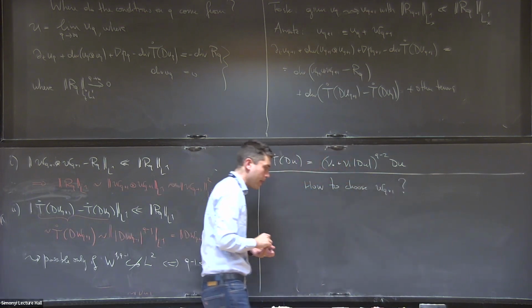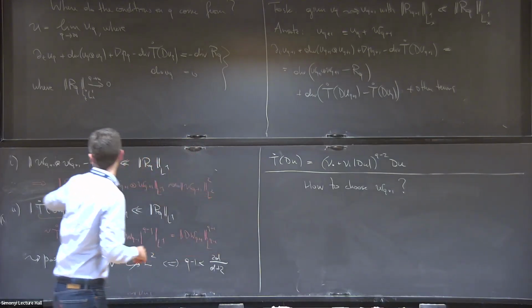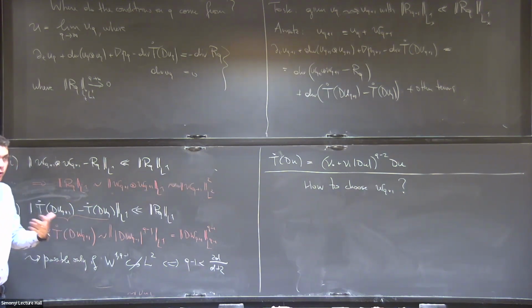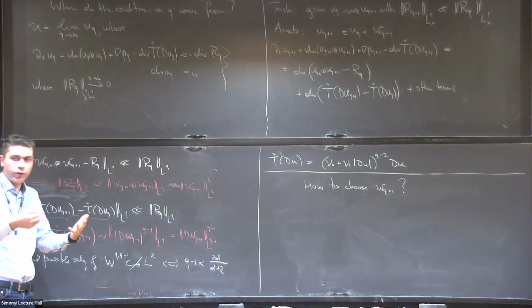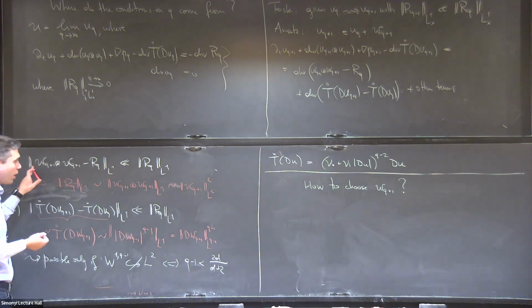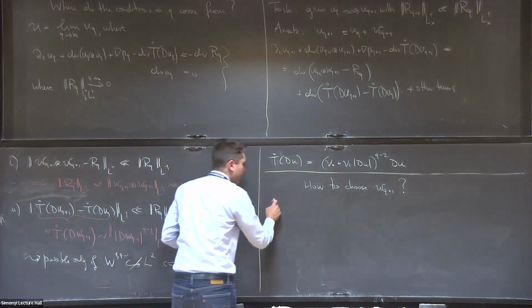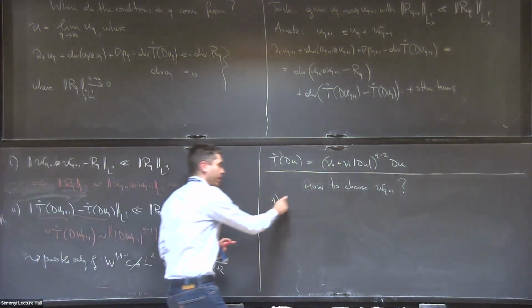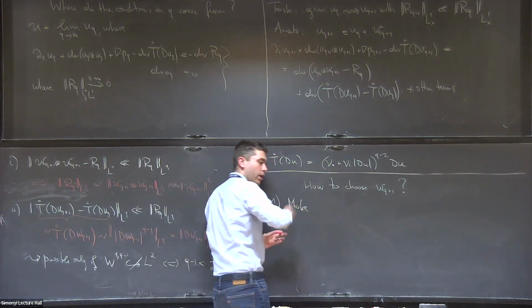This is the question. And once again, let's look back at these two. We want to make small these two quantities. And this one, as I was mentioning, is the quantity that appeared already in Camillo and Laszlo's work on the Euler equations. So the first step I want to do is to recall how one can make this quantity small by using essentially the tools of the Euler equation.